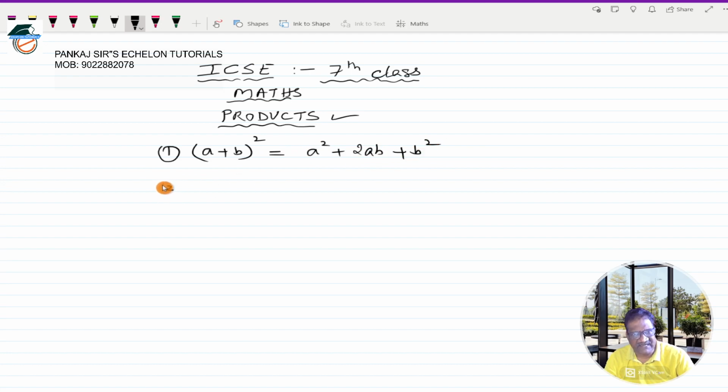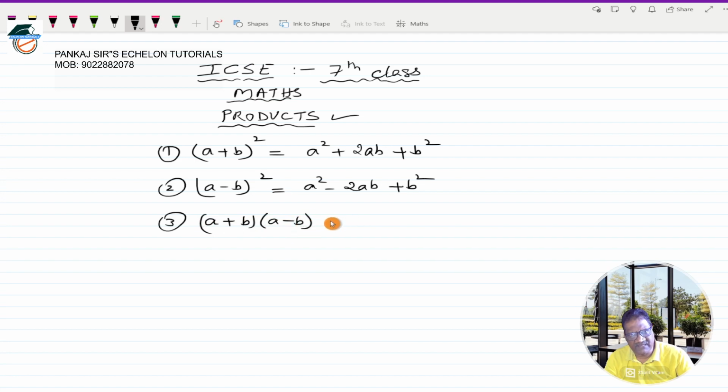Then the second identity was a minus b the whole square, and here we got the answer as a square minus 2ab plus b square. And we did one more identity, that is a plus b into a minus b, and we got the product of this as a square minus b square. These were the three identities that we studied in the previous session.